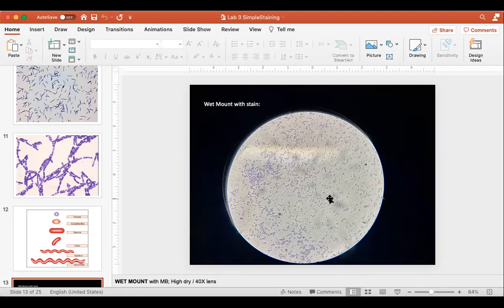That's not the same as the simple staining process that we just looked at, is it? Because we didn't make a smear and we didn't heat fix it. We just added a drop of stain to a wet mount. Now, I think you'll agree that you can tell that there's some color to these cells for sure. You can see that they've picked up some of that stain.